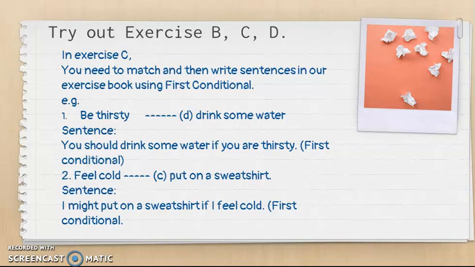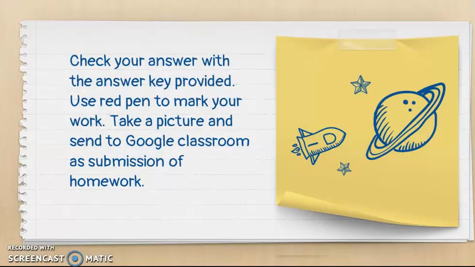So you can use I might put on a sweatshirt. You can also say I put on a sweatshirt if I feel cold. You do not need to use might here. You can use might or you do not need to use might. Both are acceptable.